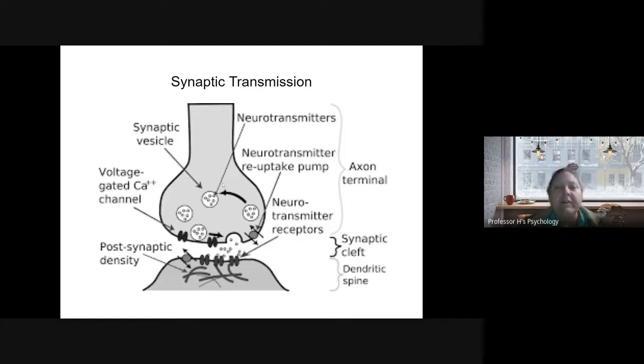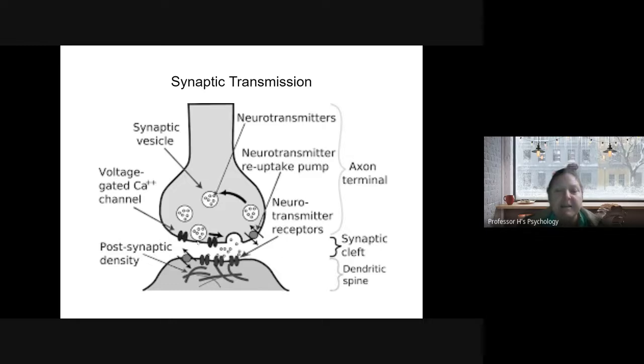When this cell is stimulated to the degree where it fires its signal, called the action potential, these packets merge with the cell lining, and then they release their contents into the synaptic cleft.